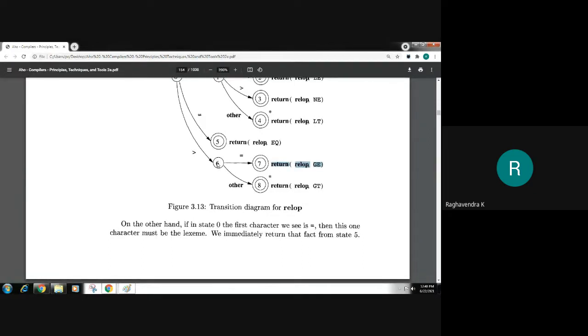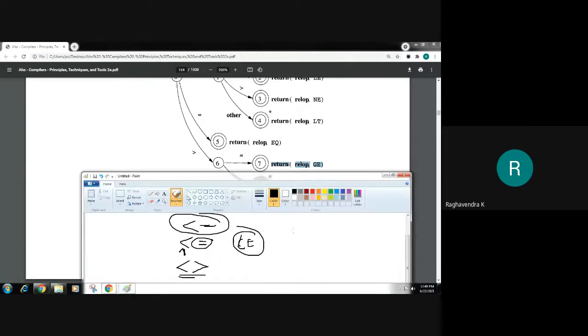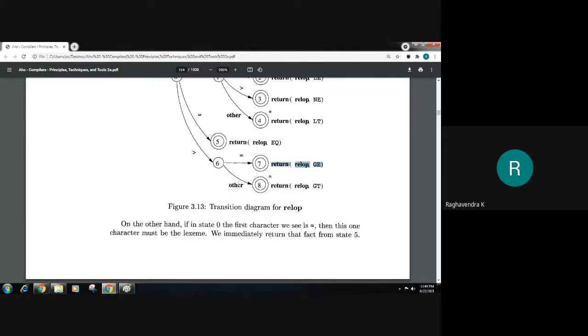Similarly, if I am in state number 6 and I see something else, for example if it was a > b, this is not the character I was expecting. So if it is other, I will end up in state number 8 and return GT.